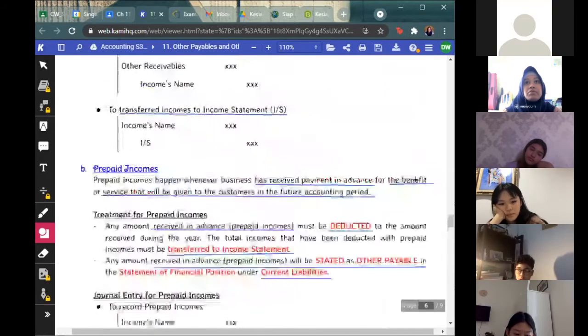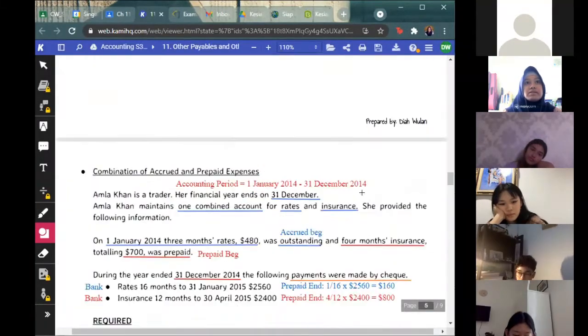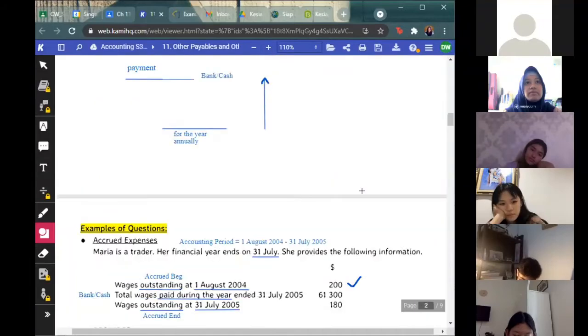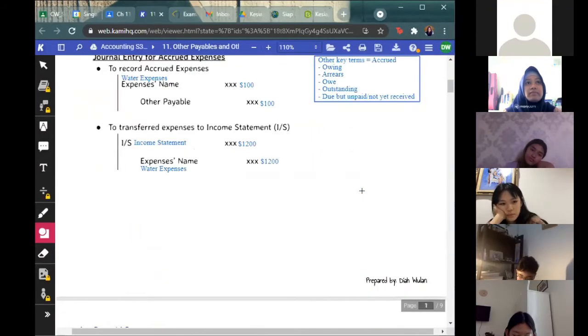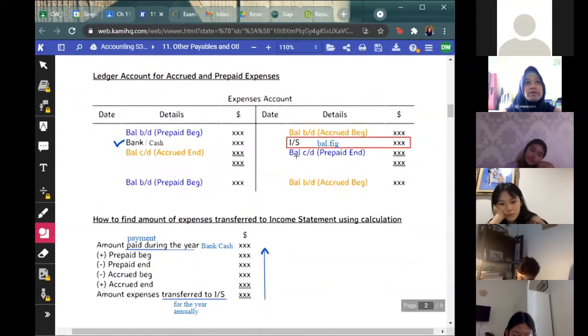If we look back at the expenses account over here, we have prepaid beginning on the debit side. We have bank and cash and balance CD of accrued at the end on the debit side. On the credit side, we have balance BD, we have IS, and we have balance CD of prepaid.